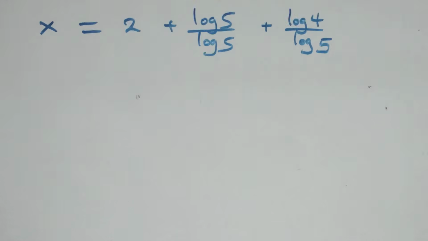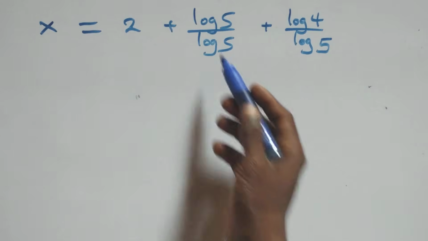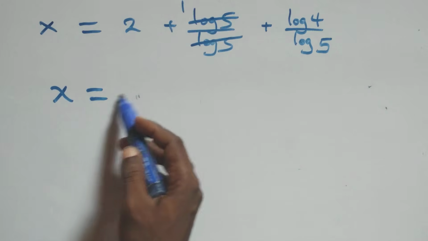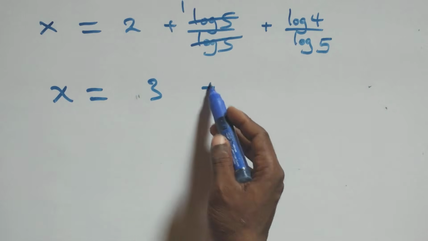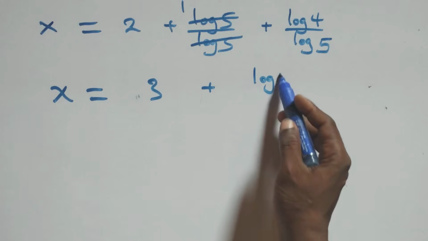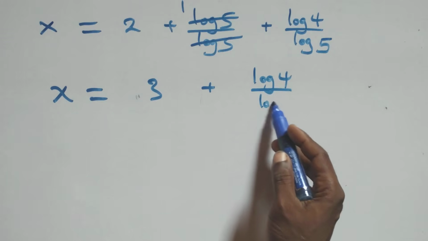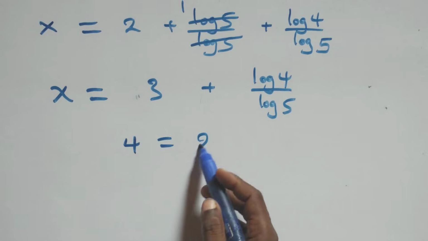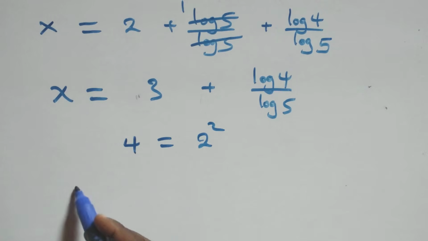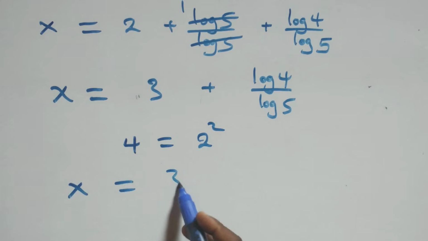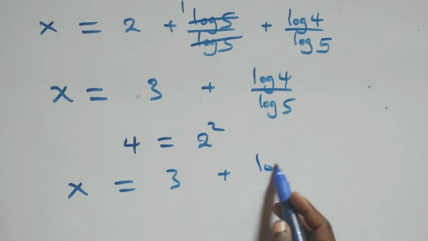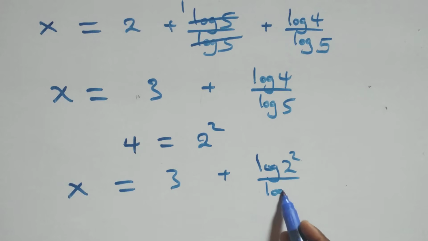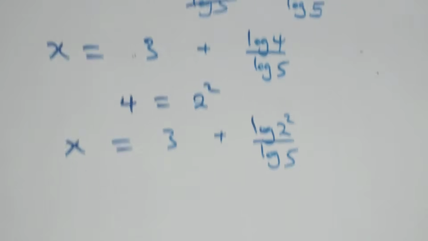From here also log 5 cancels out. We have one left, and this becomes x equals 2 plus 1 as 3, plus log 4 over log 5. Then we can express 4 as 2 times 2, which is 2 squared. This becomes x equals 3 plus log 2 squared over log 5. Then we apply the power law of logarithm.